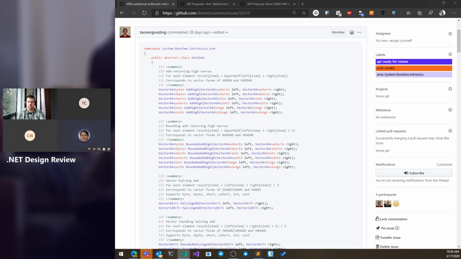The instruction uses the term narrow. Is there any reason why that should or shouldn't be in the function names? We could call it add and narrow.